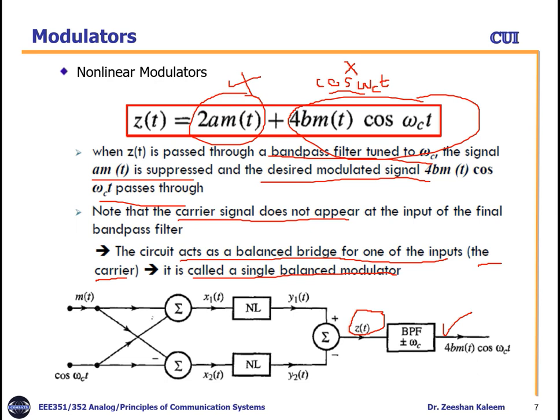So this was the explanation of how the nonlinear modulator works, by giving m(t) and cos omega c t as two types of inputs. Finally, after passing through these stages, we get the modulated signal m(t) cos omega c t. But you should remember this is a double sideband suppressed carrier AM modulated signal, because in this modulated signal we don't have any independent carrier signal, but only the modulated signal m(t) cos omega c t.